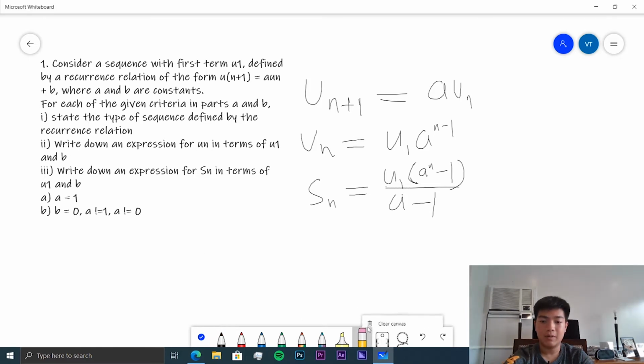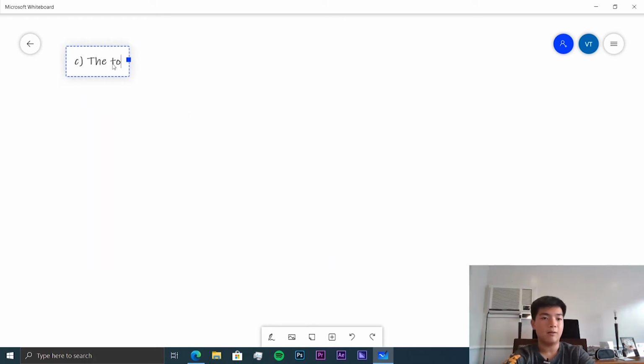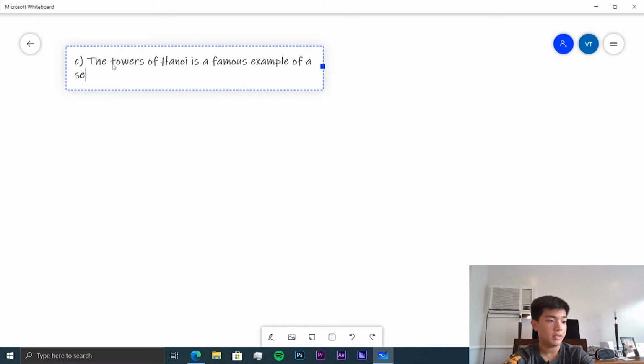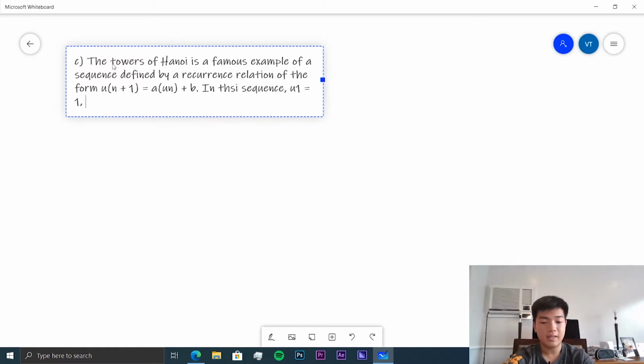And so next part of the question. The Towers of Hanoi is a famous example of a sequence defined by a recurrence relation of the form u n plus 1 is equal to a times un plus b. In this sequence, the first term is equal to 1, and the next term, each time, is equal to 2 times un plus 1.